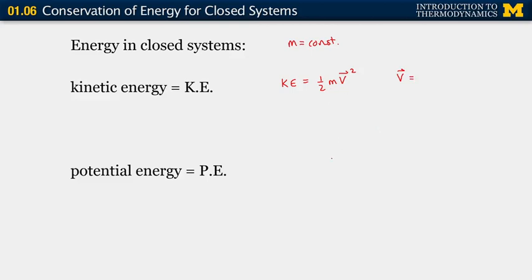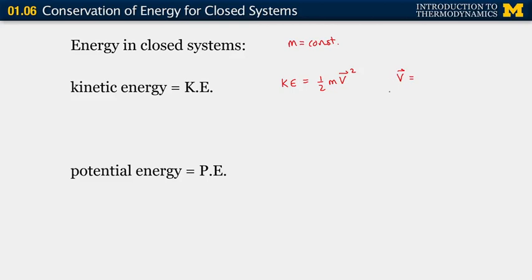In this class, the nice thing about thermodynamics is that we don't have to retain spatial fidelity. So we can assume all of our systems are essentially one-dimensional. So you don't really need vector notation in this class, but I'm going to leave the vector notation to emphasize that this is a velocity, even though, again, we're going to assume everything is one-dimensional.